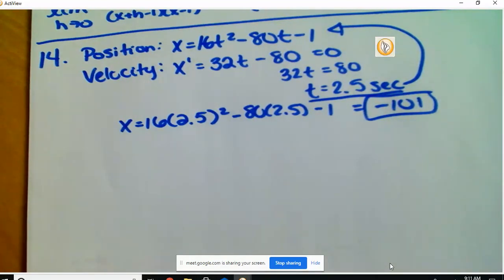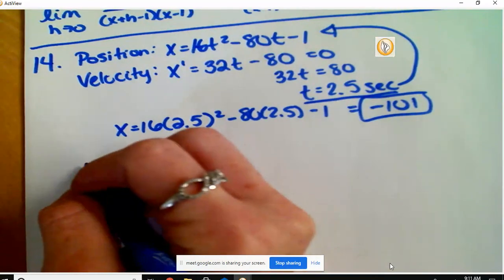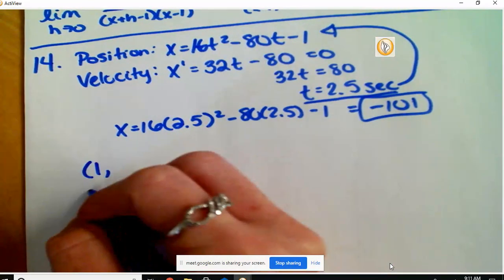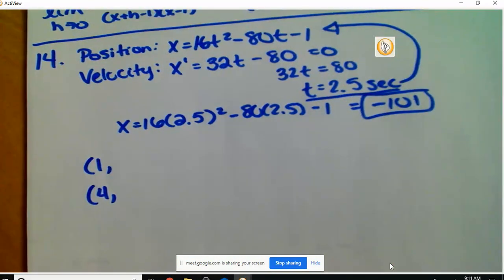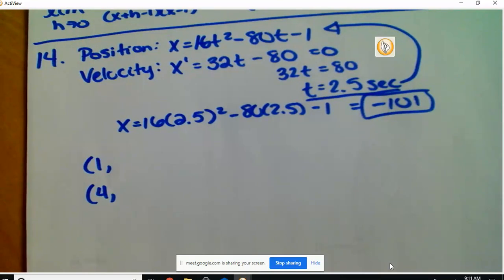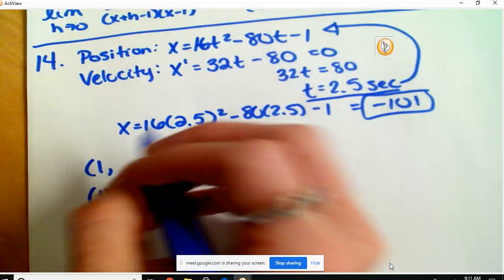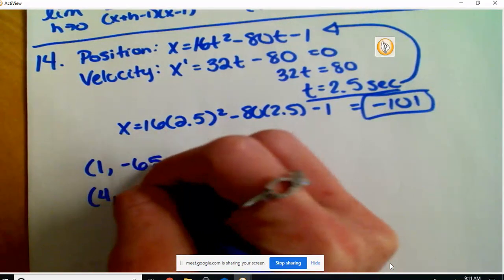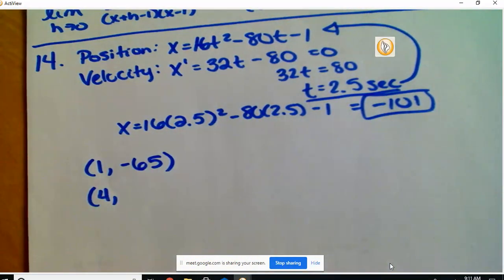So I gave you two different times, 1 and 4. We need to find our y values and then calculate the slope between those for the average velocity. So if you plug a 1 into which equation will I put that into? The first one. So if you put in a 1, you get negative 65.